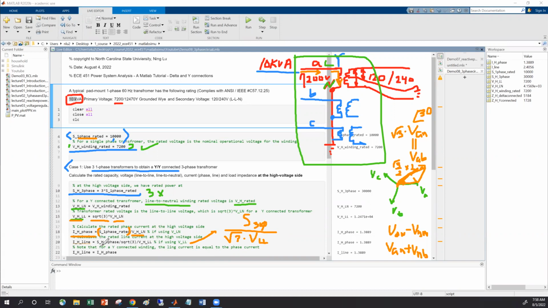So this is another way to compute that. You use the 3-phase capacity, which is simply 3 times this, okay? And then divided by square root of 3, and then divided by VLL. So you can see that this actually equals... VLL simply is square root of 3 times VLN, right? And then this is S3, yeah.